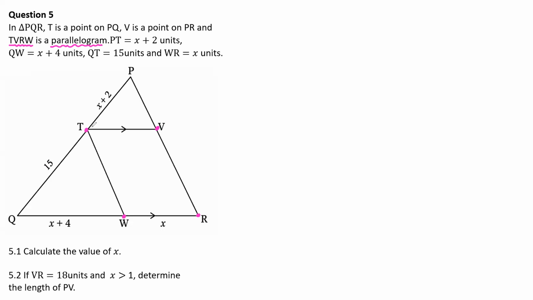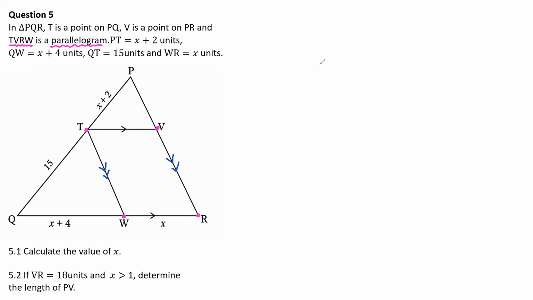Already, TV is parallel to WR. We can see that. And because the whole shape is a parallelogram, by extension TW will be parallel to VR. The properties of a parallelogram, that's key.